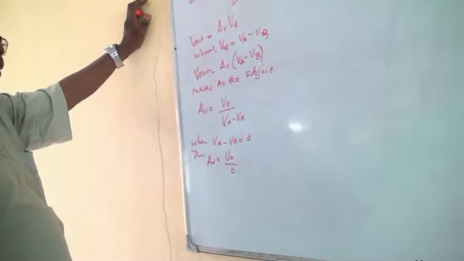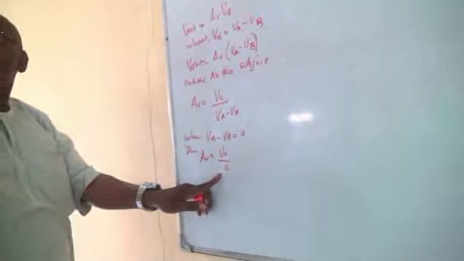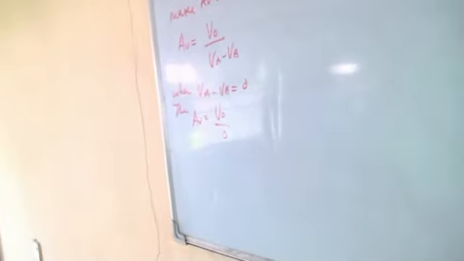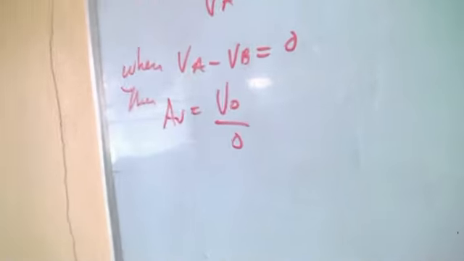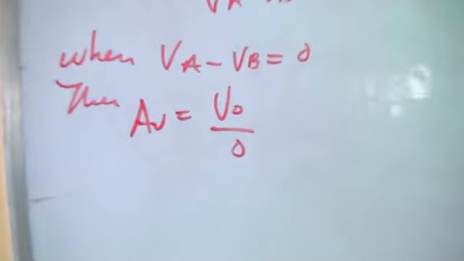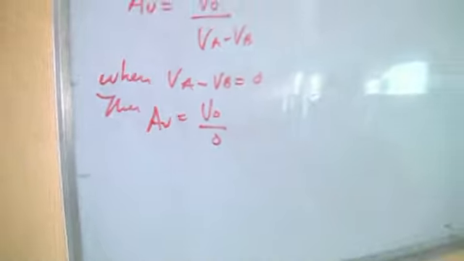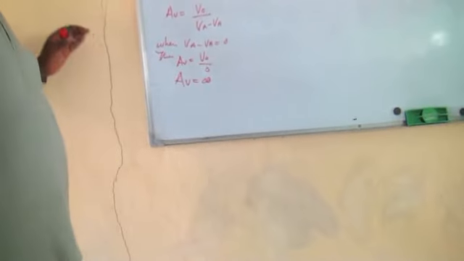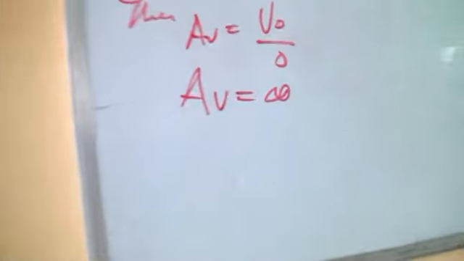You understand? Any number divided by 0 tends to what? Infinity. Those of you that are offering mathematics, you know what I'm saying. Therefore, the voltage gain of the amplifier is always at infinity. That's to tell you that it can amplify to any level.